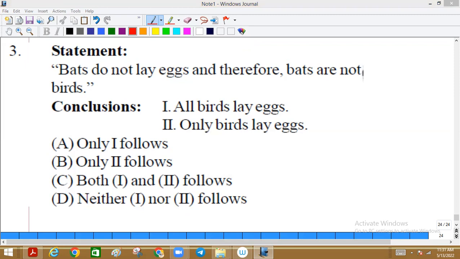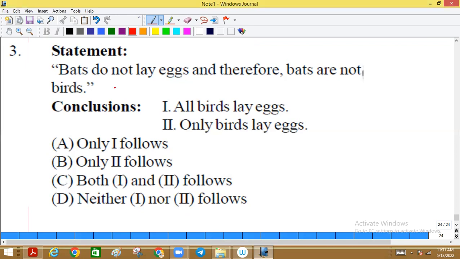B is only 2 follows. We got 3 answers now: A, C, and D. Nobody got B. B, confirm. All 4 options got. Let's start. Read the statement properly.